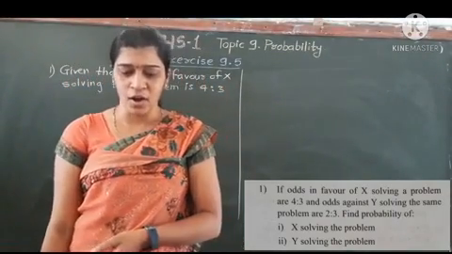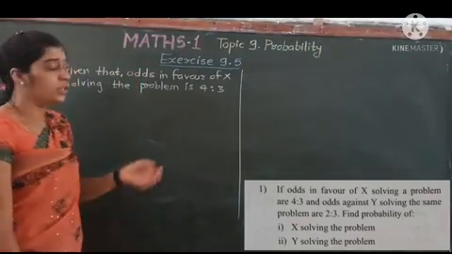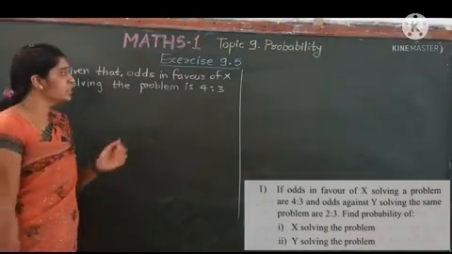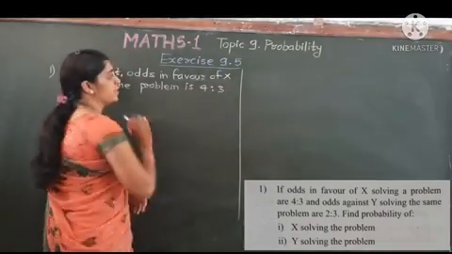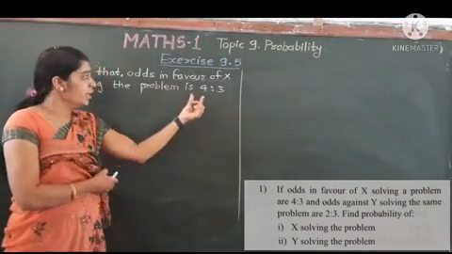We are given odds in favor of x solving the problem is 4:3. What is the meaning of this? Here a ratio is given.